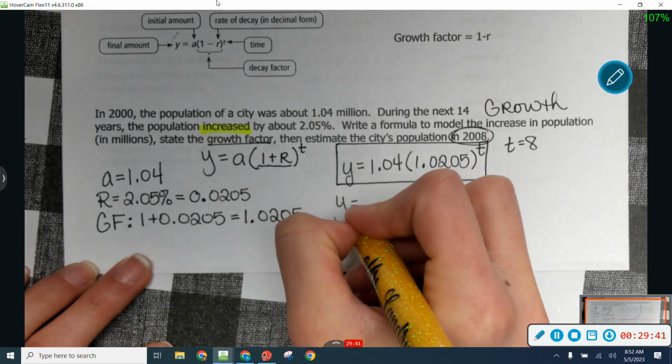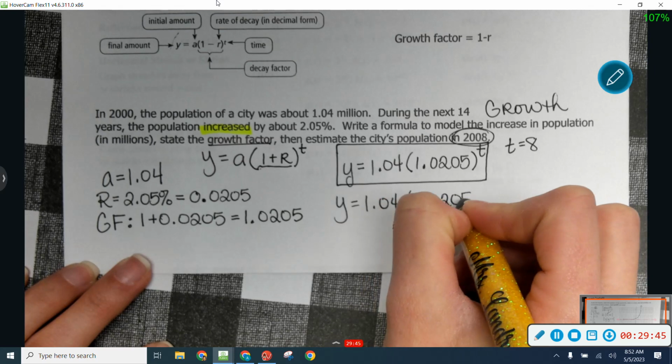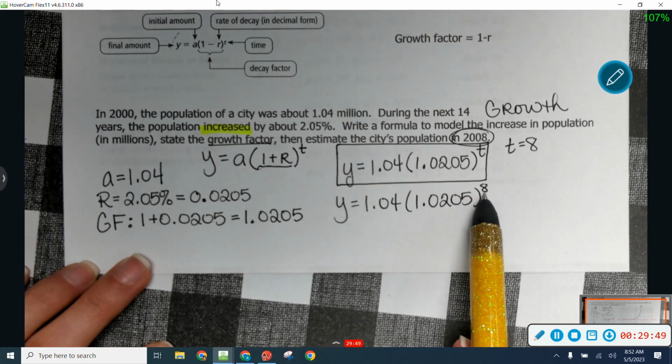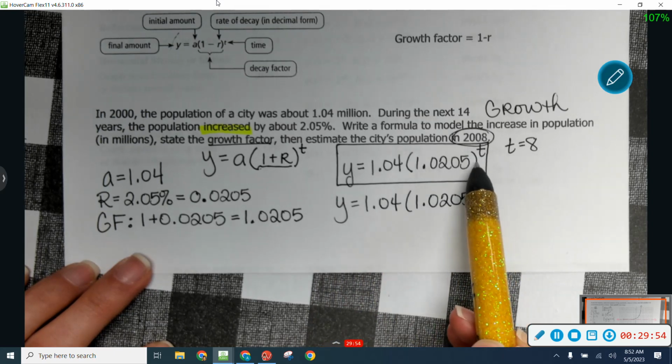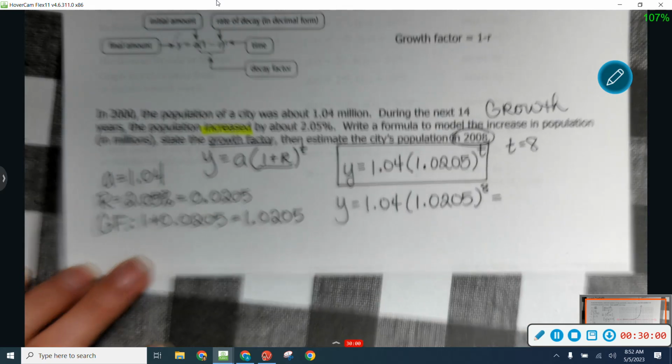Alright, so I'm going to have y equals 1.04 times 1.0205 to the 8th power. Do not make the 8 your general formula. Your formula is with the t, and then you plug in the 8. Okay? A lot of people lose points for that, so don't lose points for that.